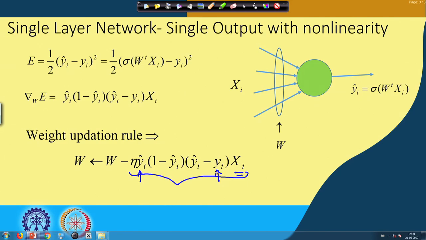This is what we obtained for a single output with a sigmoidal nonlinearity.